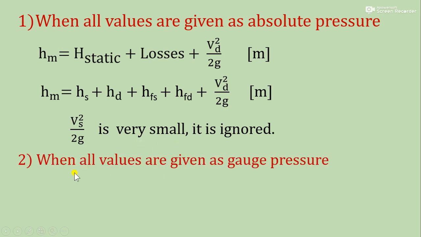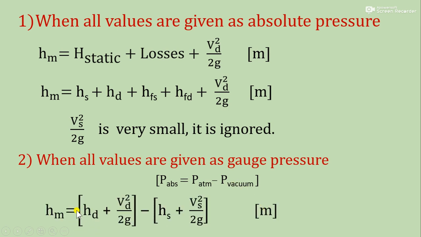Now when all values are given as gauge pressure, we know the relation between absolute pressure and gauge pressure. Absolute pressure is equal to atmospheric minus vacuum. So in that case, we use the formula for manometric head as (Hd + Vd²/2g) minus (Hs + Vs²/2g) in meter.